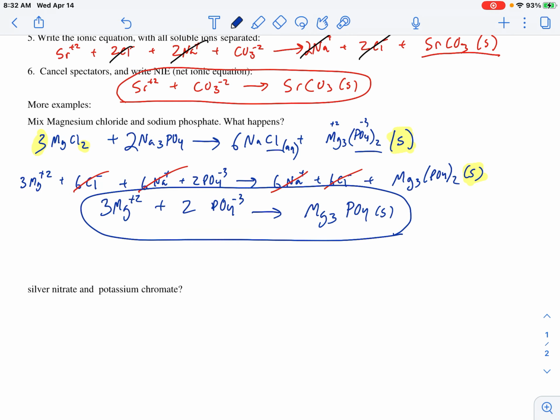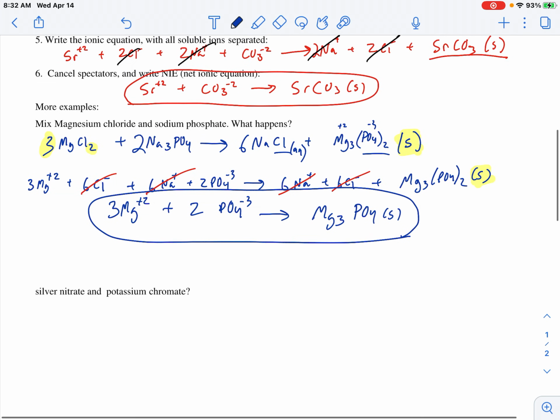And looks like we have one more here. So I'm going to write the formulas out, and then you can pause, and you can try to write it yourself, and then you can unpause and see if you got it right.